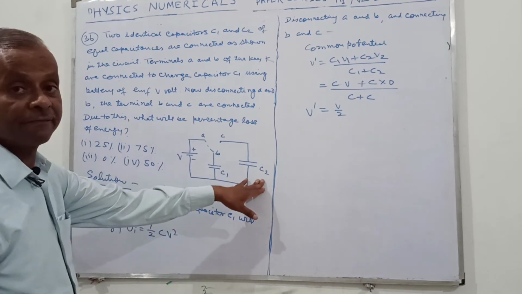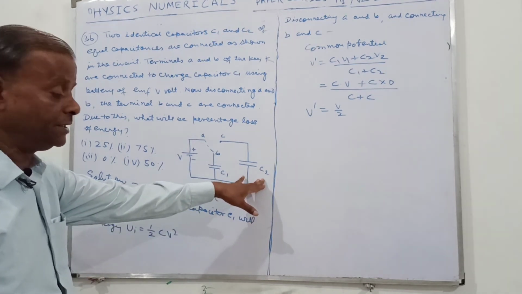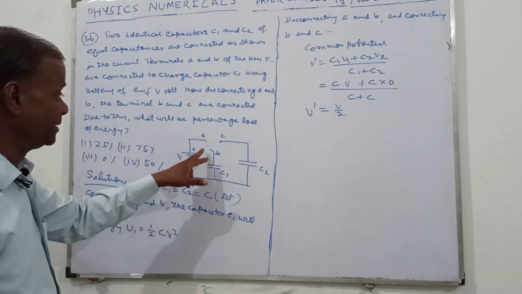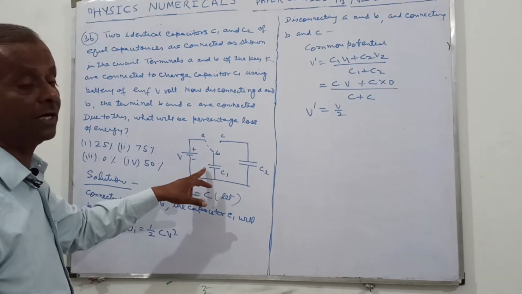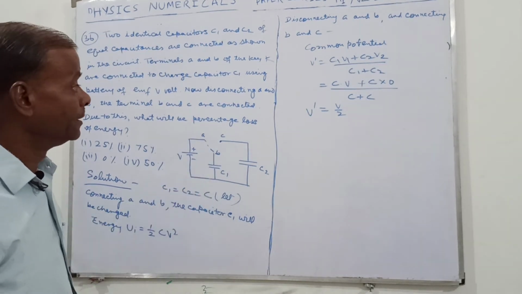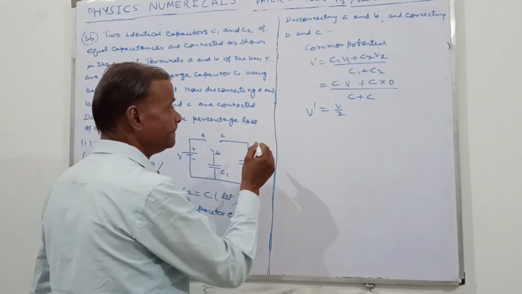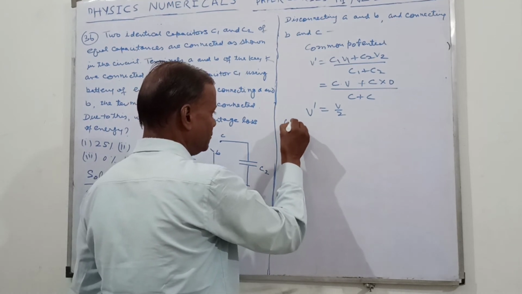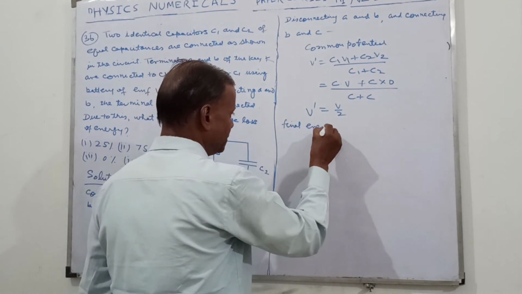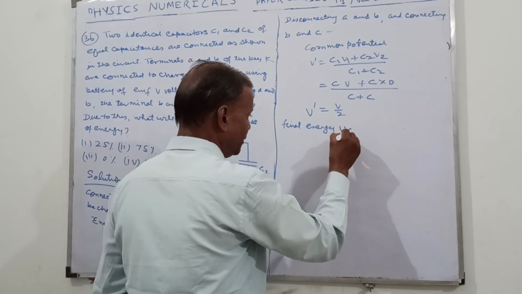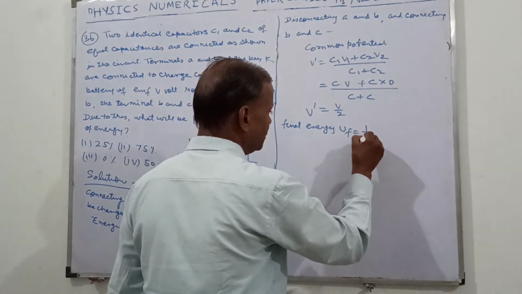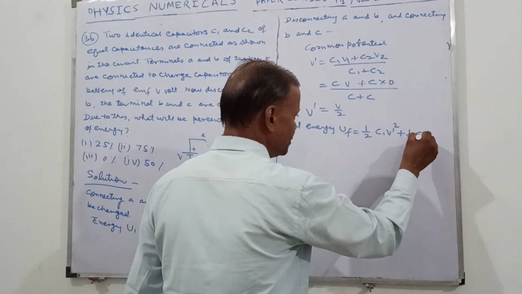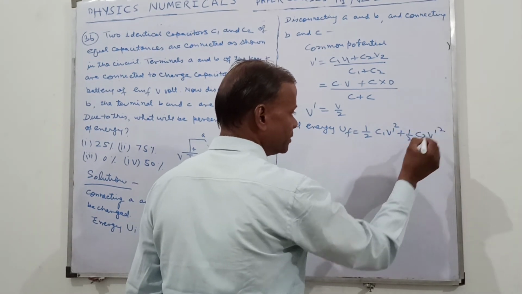Since this was not charged initially, the energy of this one will be taken into account when A and B are connected. So now the final energy UF is equal to half C1 V' square plus half C2 V' square.